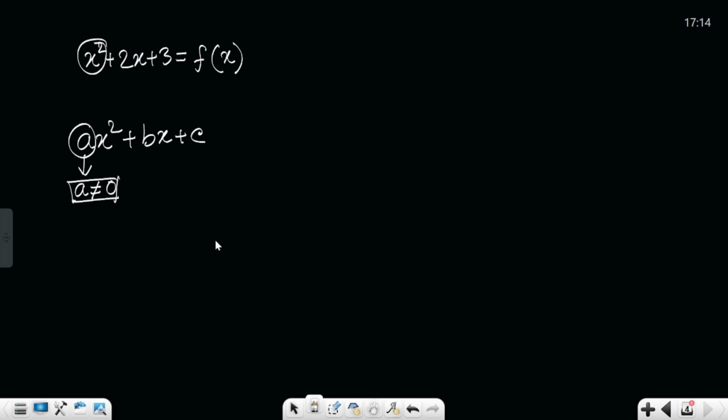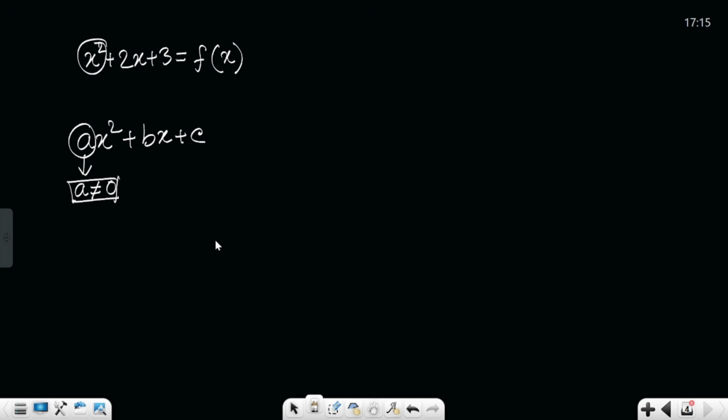But a cannot be equal to 0. a, b, c here can be real, complex, negative, or positive, but a will not be equal to 0.